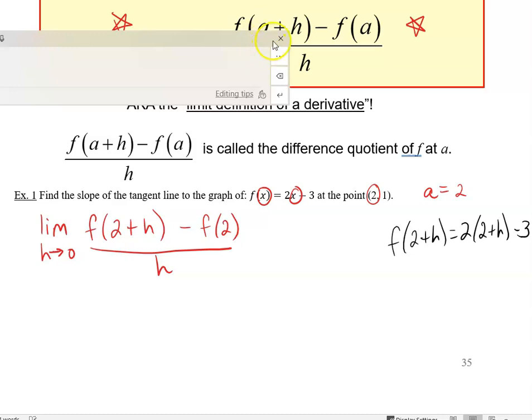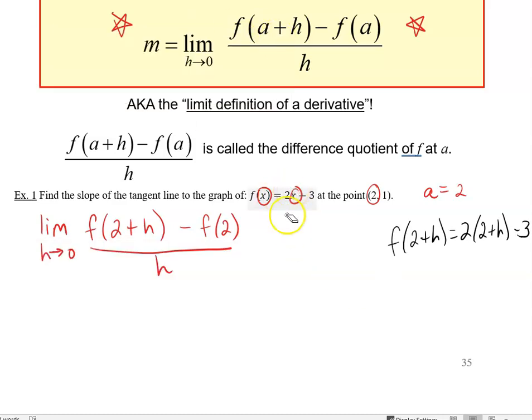Let me clean this up a little bit so you can see what I'm talking about. Wherever there is an x in that original function, I'm going to replace it with 2 plus h. That's what this notation means.